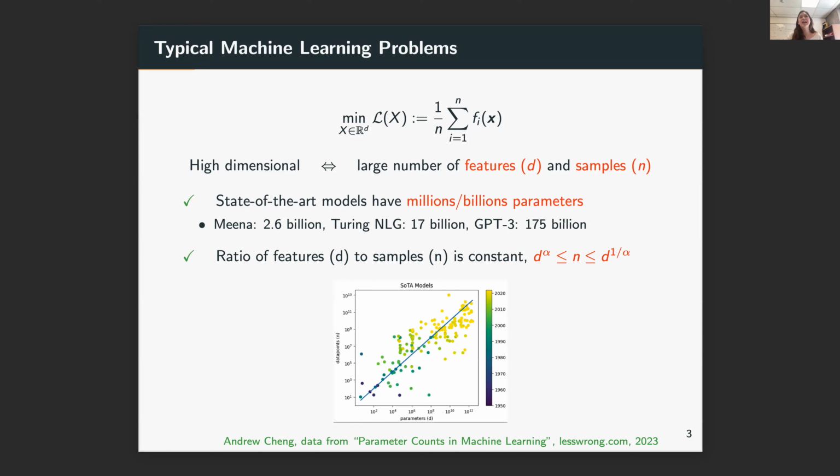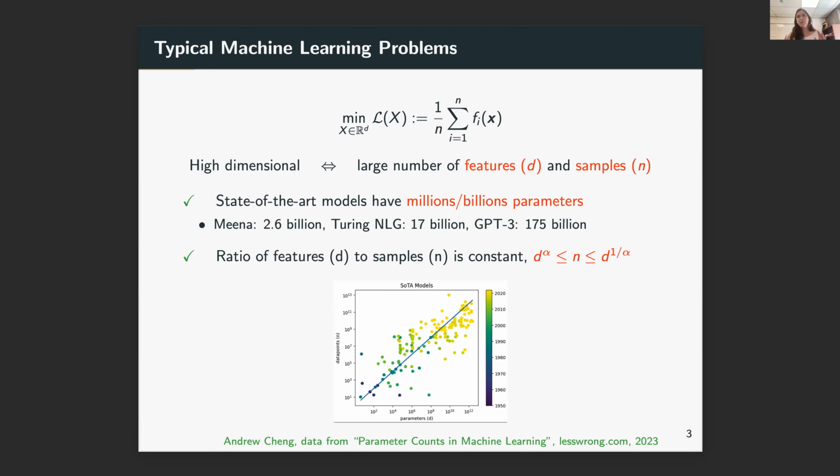Now, the other thing which is kind of unusual is that for many machine learning problems, we're not in what I will call classical statistics. Classical statistics is where you fix the number of features, D, so the space that you're minimizing over, and you let the number of samples go off to infinity. Why is that?